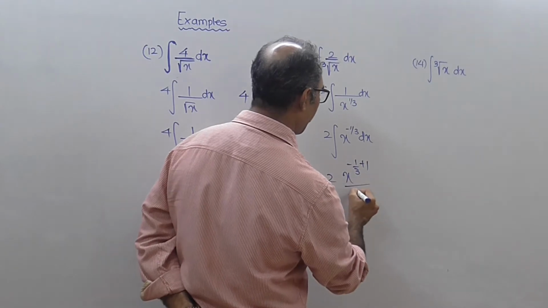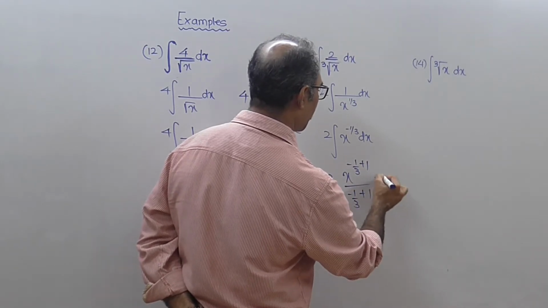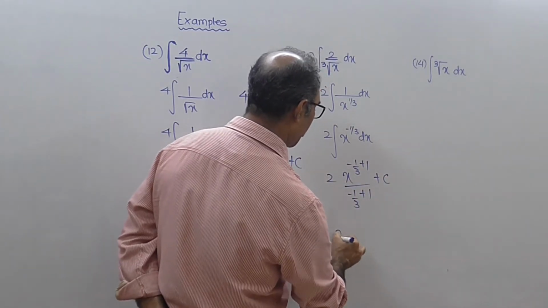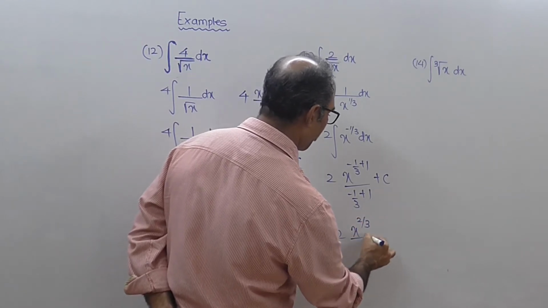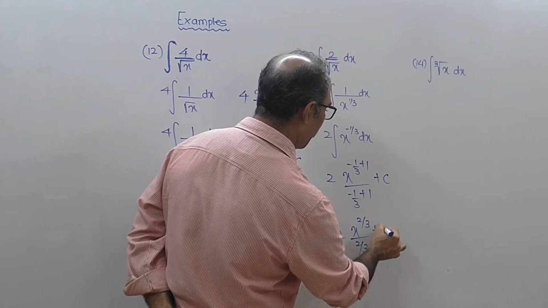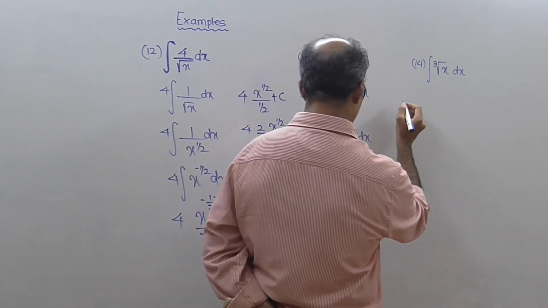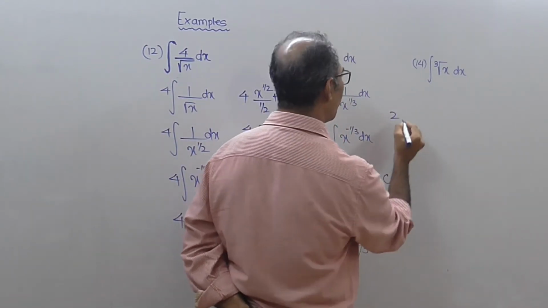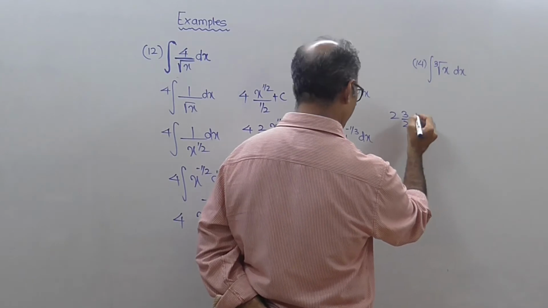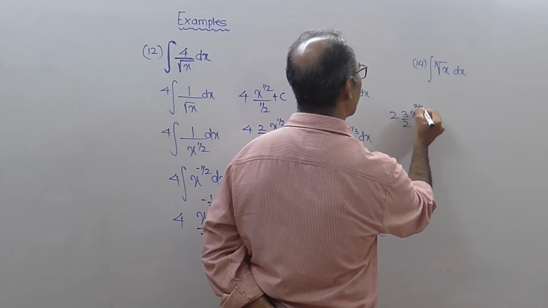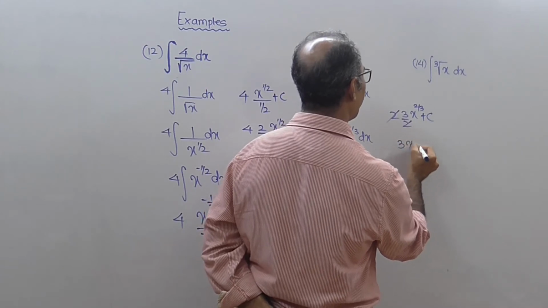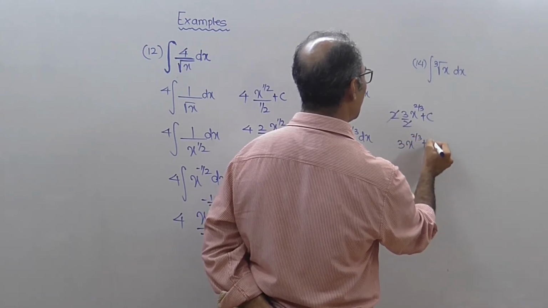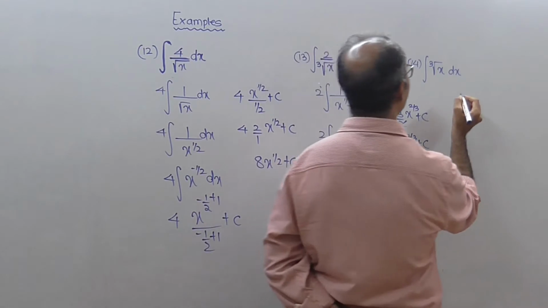Minus 1 upon 3 plus 1, minus 1 upon 3 plus 1 plus c. So this becomes 2, I think this is 2 by 3 upon 2 by 3 plus c. This 2 by 3 will become 3 by 2, x raised to 2 by 3 plus c. Cut it. You get 3 times x raised to 2 by 3 plus c.